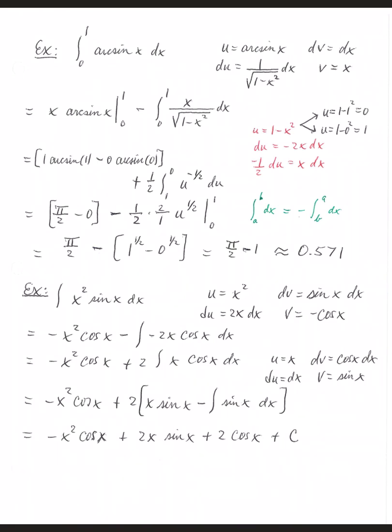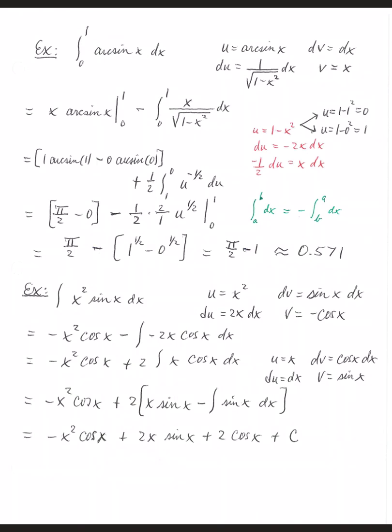Let's do a definite integral. We have the integral from 0 to 1 of arc sine x dx. Arc sine is a sine inverse. dx is our differential. Now, we don't have the product of two types of functions, so what we'll do is we'll just pretend that this is arc sine of x times 1 dx.